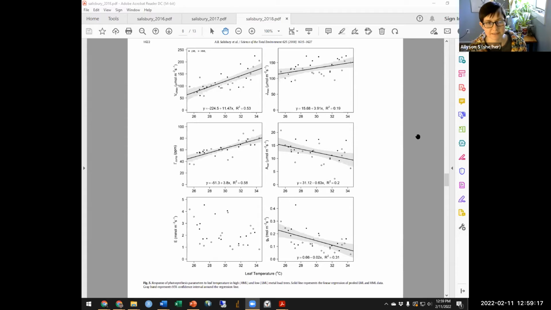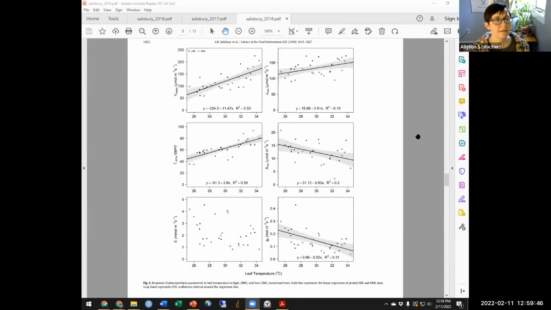We were contrasting the photosynthesis of trees in what we classify as a low metal site versus a high metal site. And in this chart, we were looking to see if leaf temperature relationships varied between our high and our low metal sites.